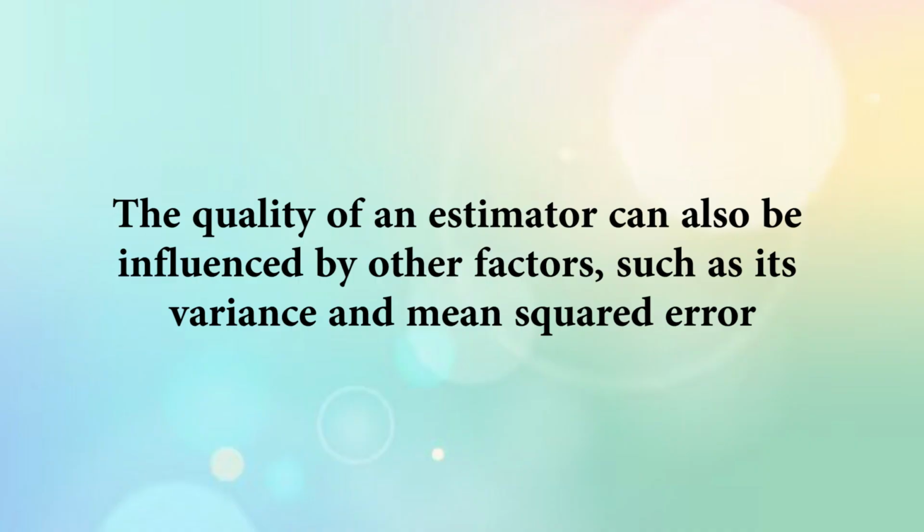However, being unbiased does not guarantee that the estimator will produce accurate estimates in every case. The quality of an estimator can also be influenced by other factors such as its variance and mean squared error.